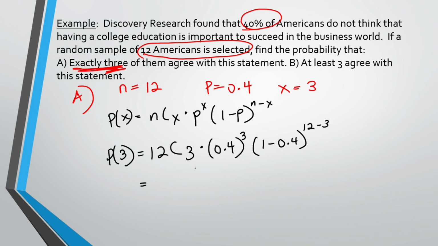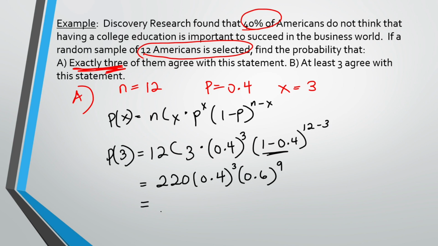Now 12 choose 3 is 220, and do that using your calculator. 0.4 cubed is now multiplied by 1 minus 0.4, which is 0.6, and that's raised to the 12 minus 3, or just 9.